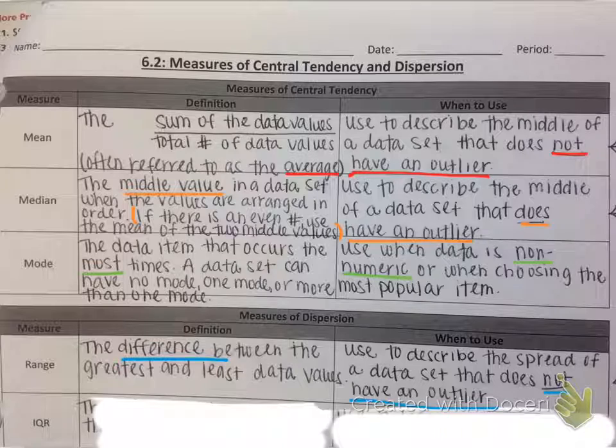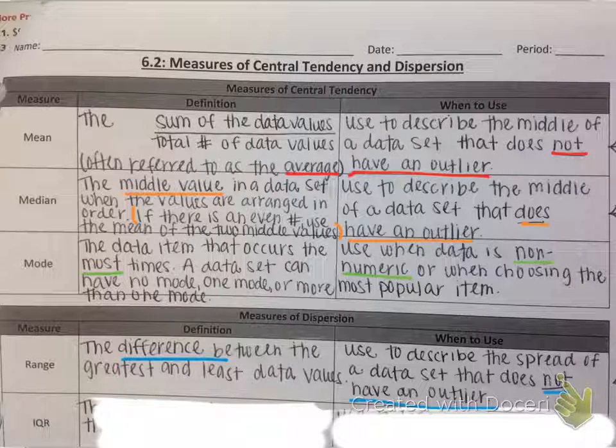Okay, so we like to use range when there are no outliers because the outliers skew our data. So remember when we talked about histograms and if our data looks skewed because there's way too much on one side? Outliers skew our data. So if we're talking about measures of central tendency, and I'm finding the averages of everything, and I find your average heights, what is LeBron James's height going to do to the average?